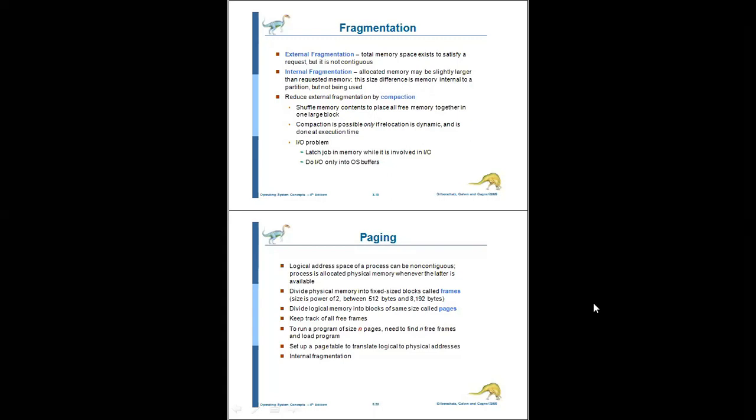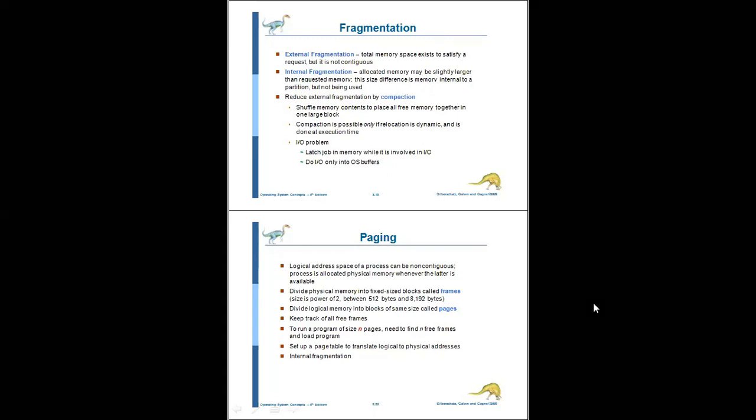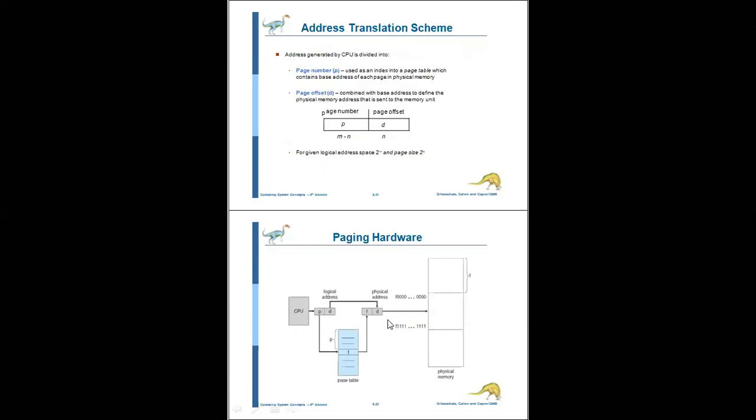Every address is generated by the CPU. See here, the address translation scheme: how the address is calculated and sent from the CPU to the physical memory, that is, the main memory. Every address generated by the CPU is divided into two parts: one is the page number, another is the page offset.